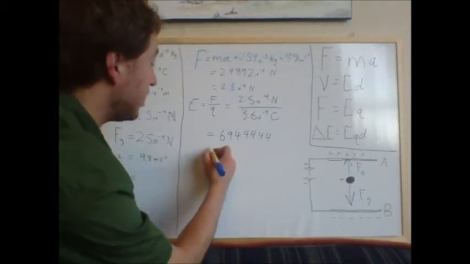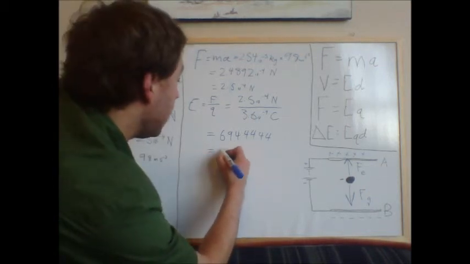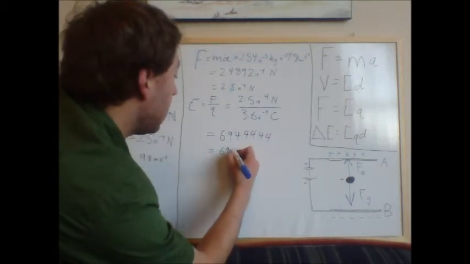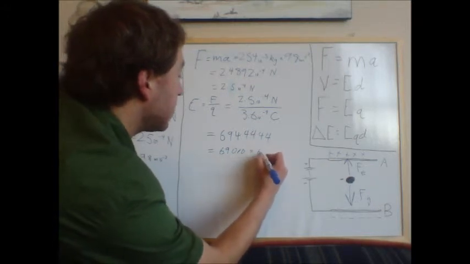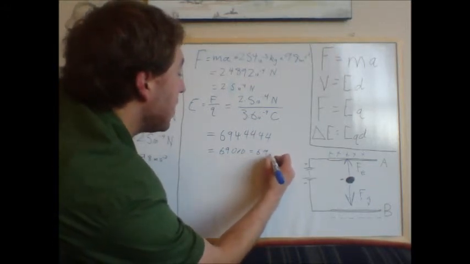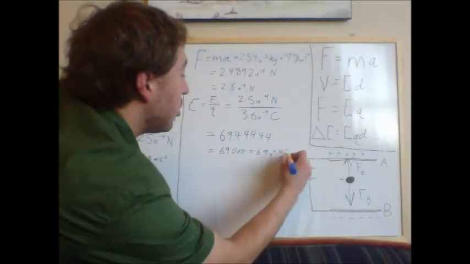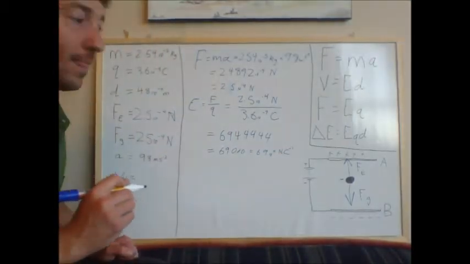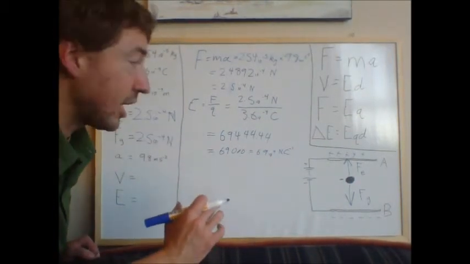So we can just simplify that with our significant figures as 6,900 or 6.9 × 10^4 newtons per coulomb. So we've got our electric field strength now.